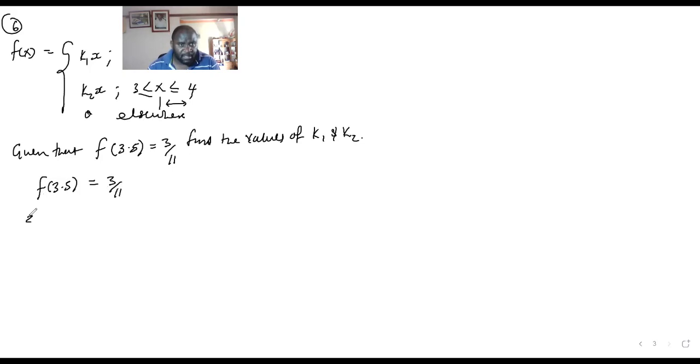So between 3 less x less 4, and also you have between 1 less x less 3.